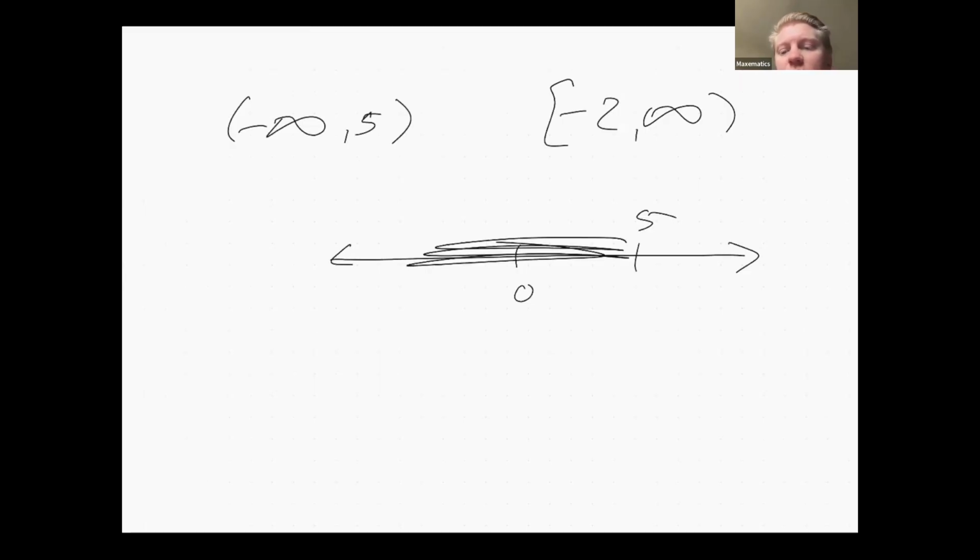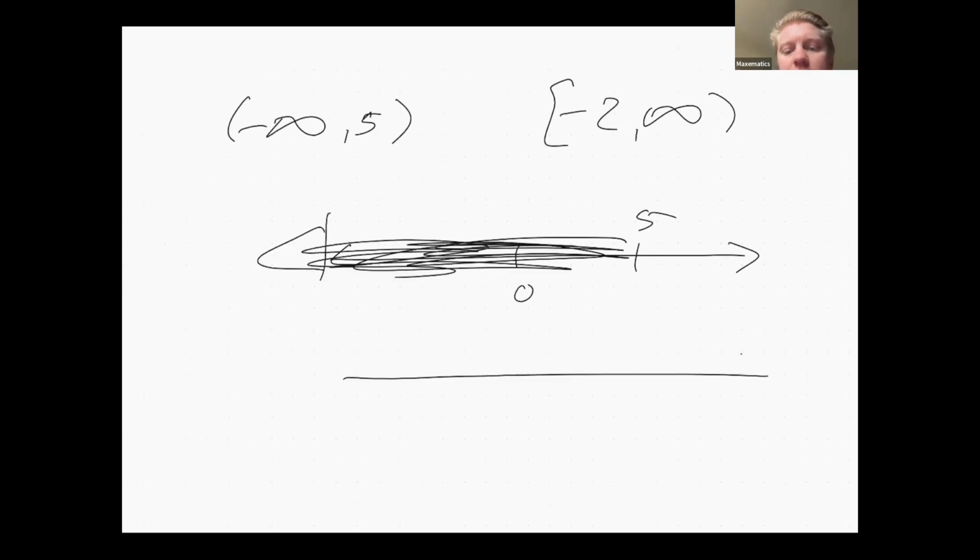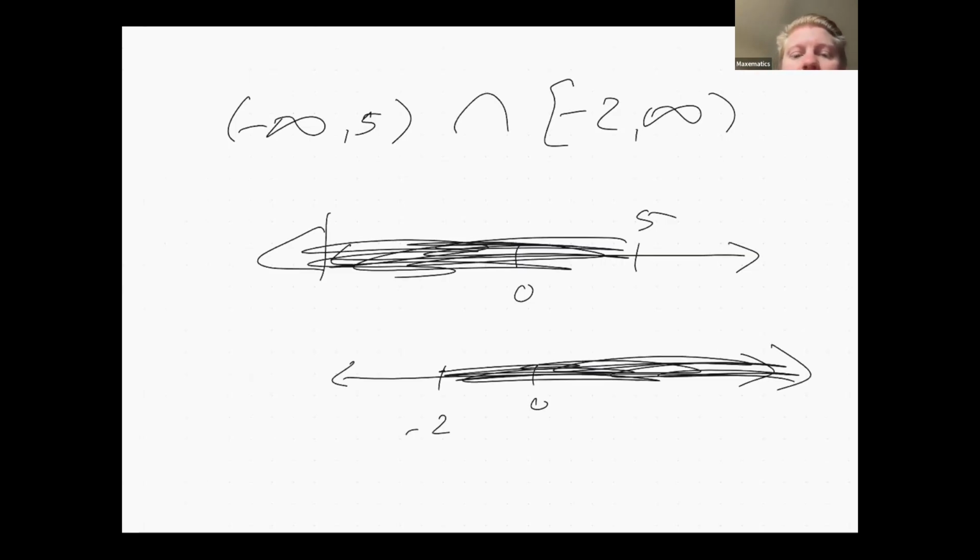And the second one would be everything to the right of -2. So if we want to take the intersection of these two things, it would be everything they have in common. Well, let's draw some spots right here. And we see the only thing that these two both have in common is this section in the middle.